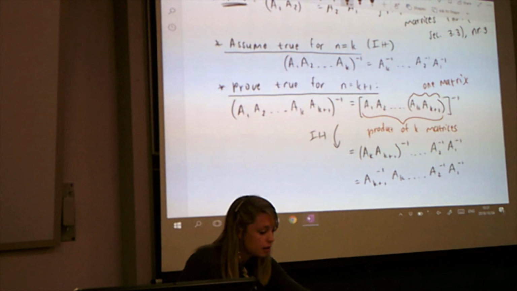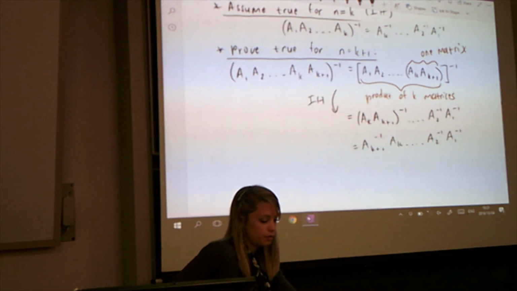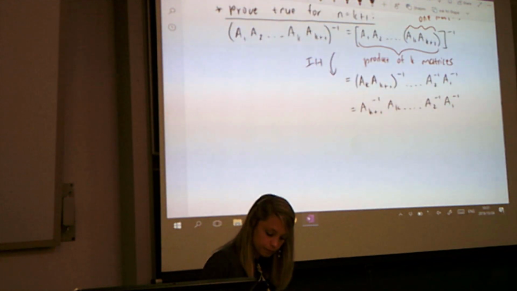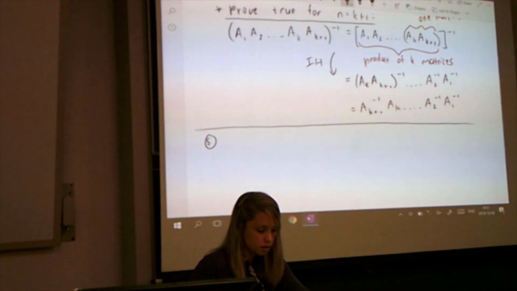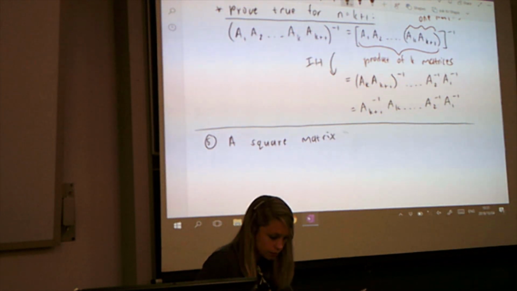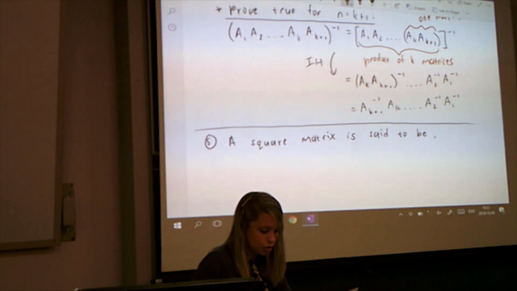Then, the next one, number 5. Say, a square matrix is said to be idempotent. I'm not sure how to pronounce it.